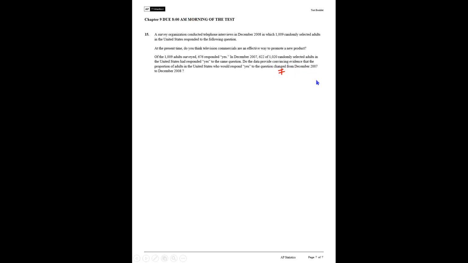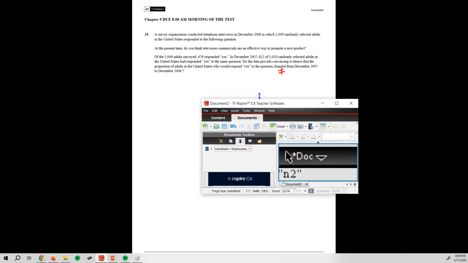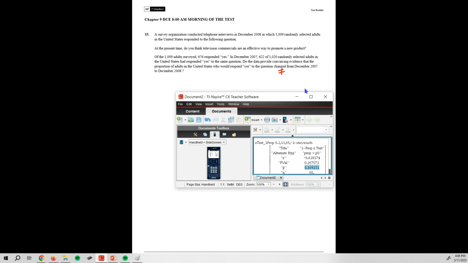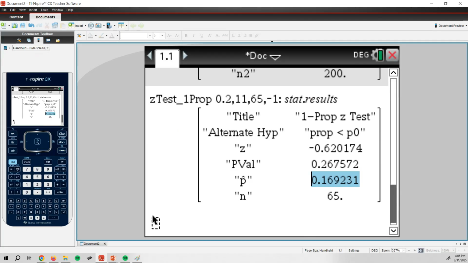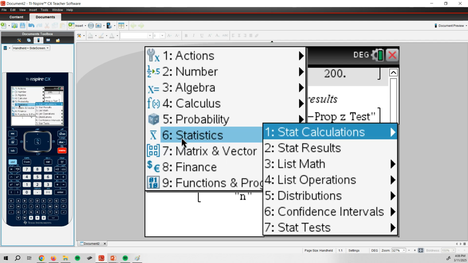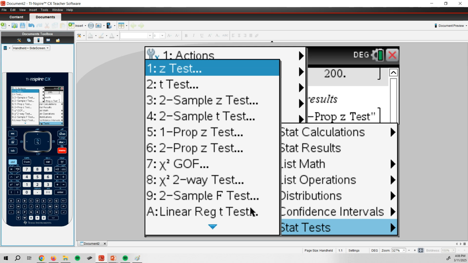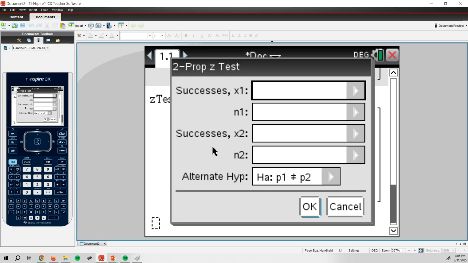Again, the best thing to do is just to throw this in your calculator right off the bat. This is a 2-prop, because we've got 2 proportions. So go to menu, statistics, stat tests, 2-prop z-test.